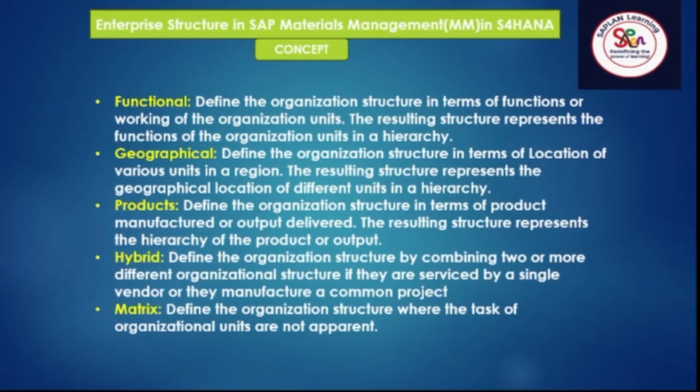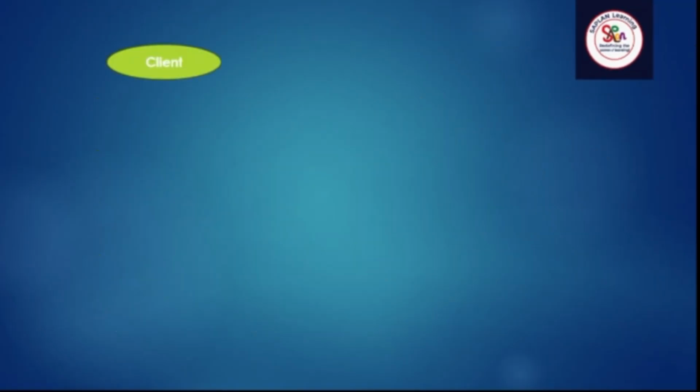The first one is a concept known as client. In SAP technical system, client means a different installation of SAP used for a specific purpose. Client is defined as a self-contained commercial, organizational, or technical unit within the SAP system. This means all the business processes or business data within the client is protected from other clients.